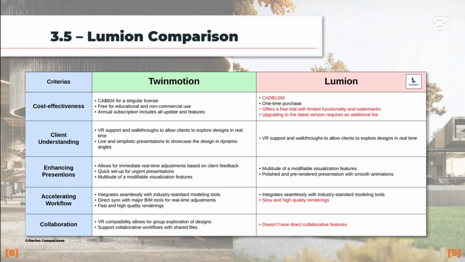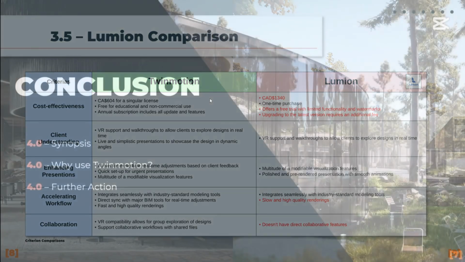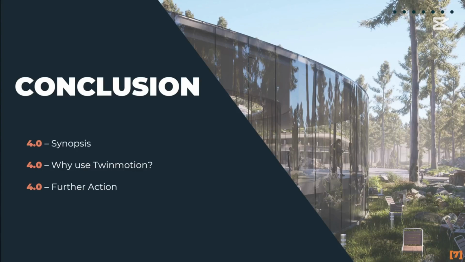Compared to Twinmotion, Lumion unfortunately does not have this feature, but both of them are excellent options depending on the project's requirements, but Twinmotion is an overall more well-rounded software. In the conclusion section of our report, we will cover the synopsis of our research, our justification for proposing Twinmotion, and the call to action.